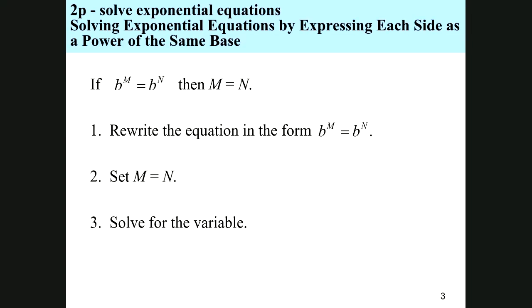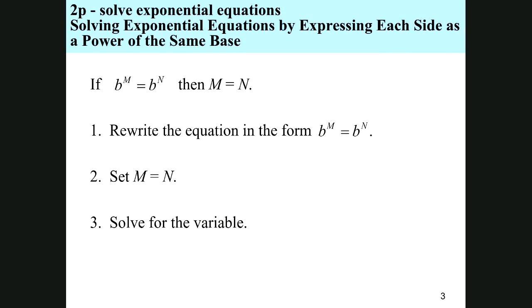Our first line of defense, we're going to talk about exponential equations first, is if we can somehow manipulate the exponential equation such that the bases are the same, like you see right here.